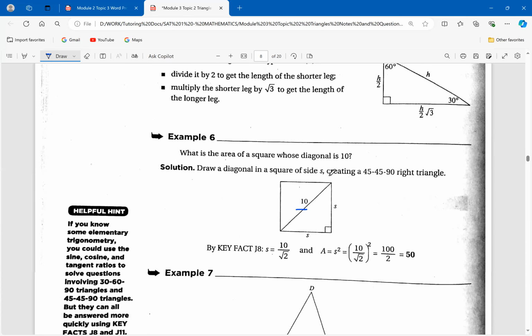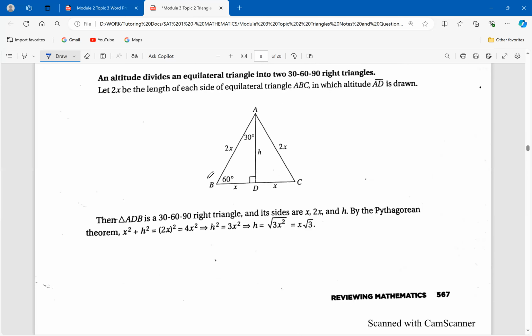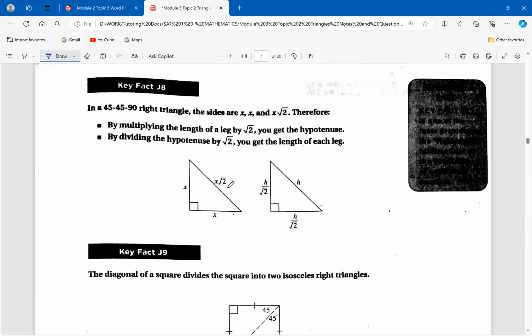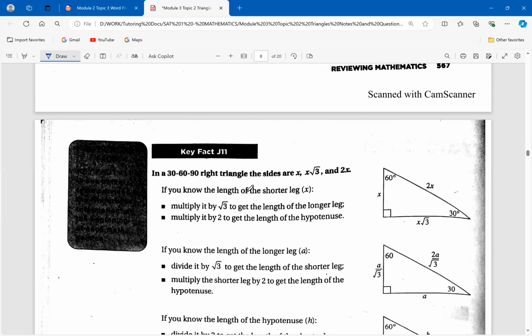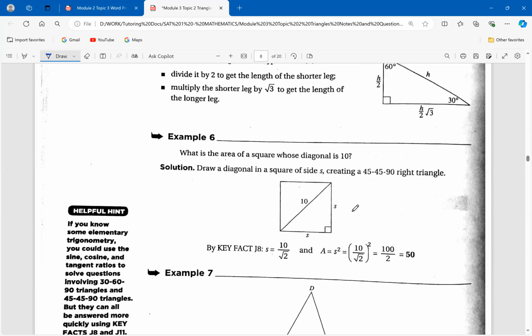Now, if you divide a square with a diagonal of 10, you get a 45, 45, 90 right triangle. Now you look at J8, this side would be what? If this is x and this is x, what did we just study? That your third side is going to be equal to x root of 2. So x root of 2 equals 10, where x equals 10 over root of 2.